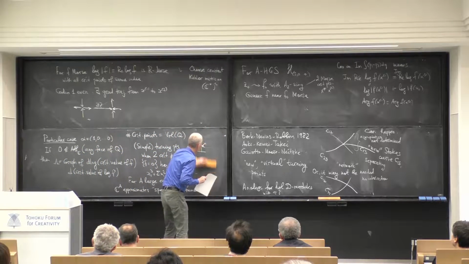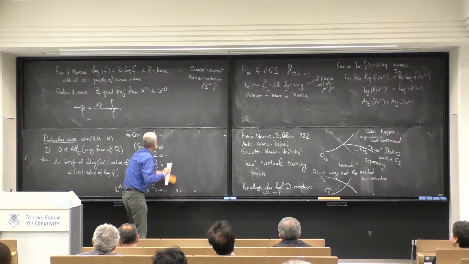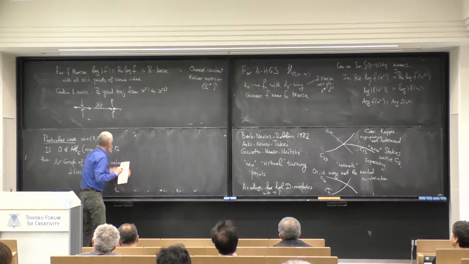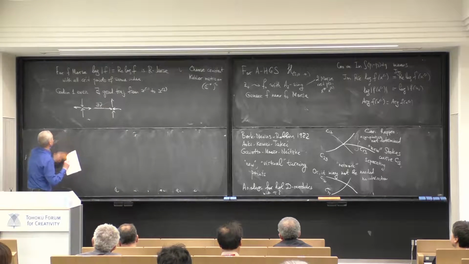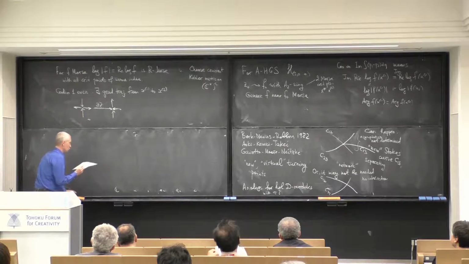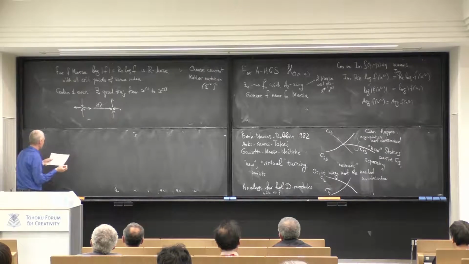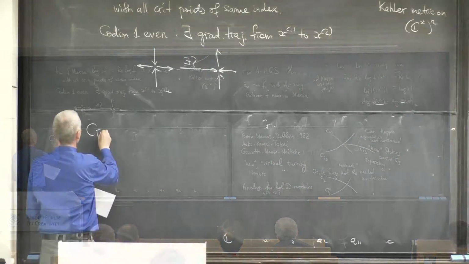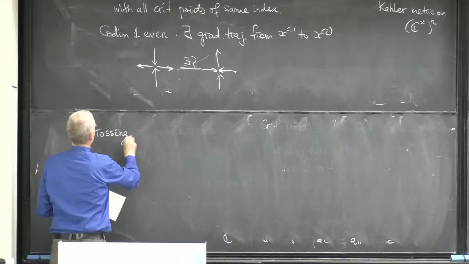So the walls, at least near the turning points, correspond to existence of such trajectories. So crossing a wall corresponds to an elementary transformation.